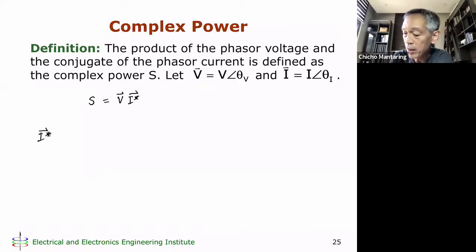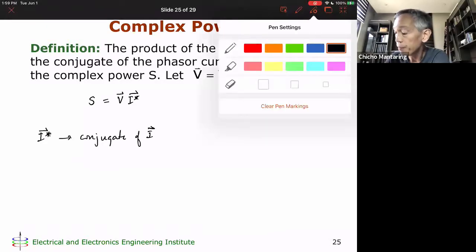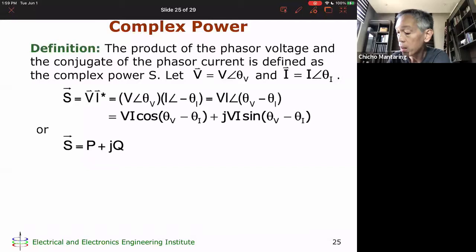This symbol is the conjugate of I. And we can show that, S is equal to the product of your phasor voltage and the conjugate of your phasor current.